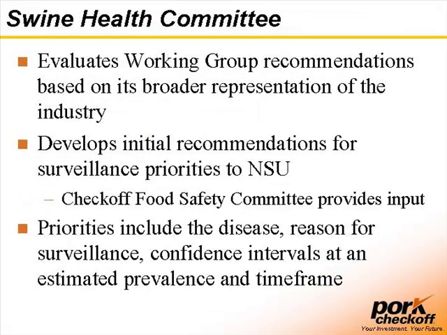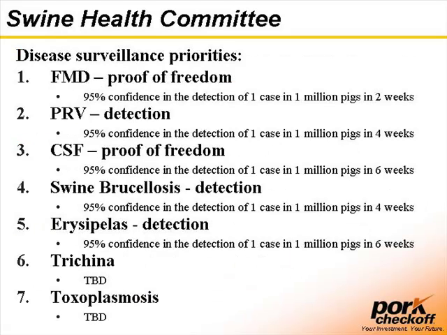And they actually came up with desired goals, like as an example, foot and mouth disease. They wanted a 95% confidence that we'd be able to detect a positive FMD in swine in the United States within 14 days. So they would give those types of goals and objectives, and they're prioritized.